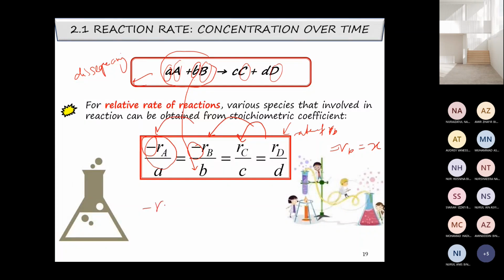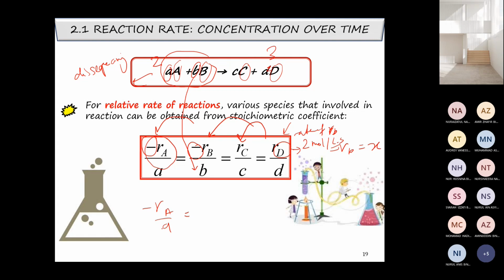Okay, for example, we have RA is equal to A. We want to know the rate of reaction of A, given that the RD value is 2 mole per liter second. Say A here is 2 and D here is 3.